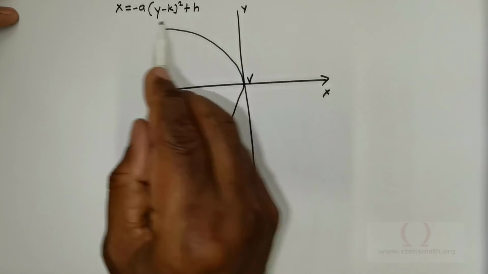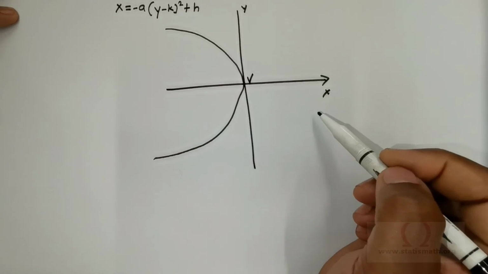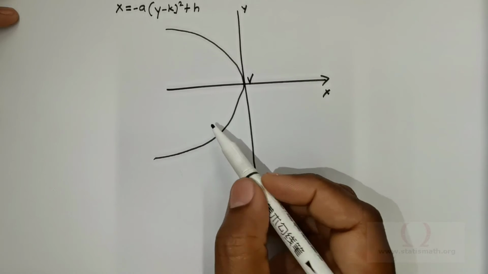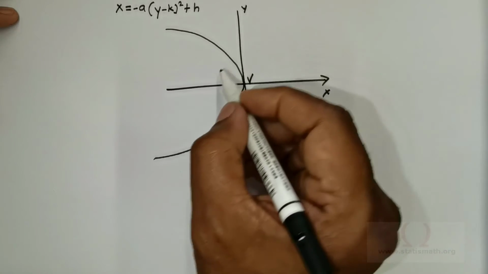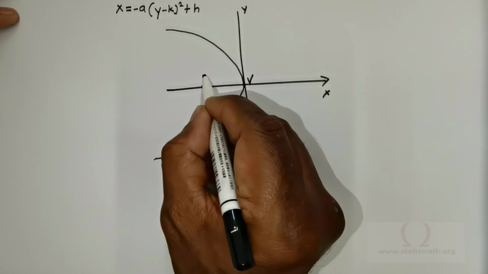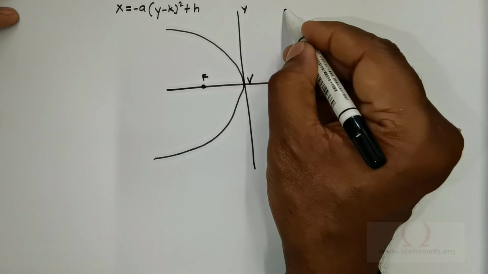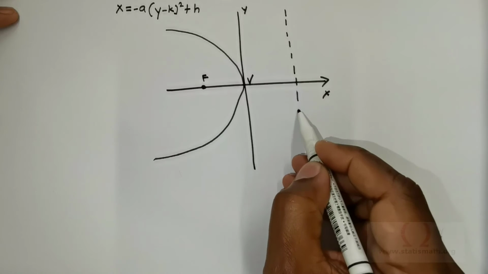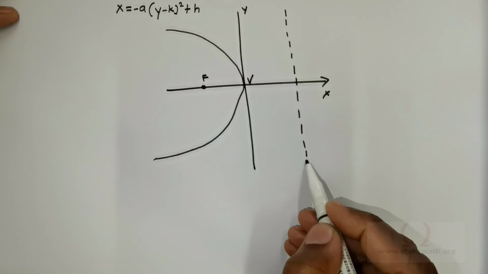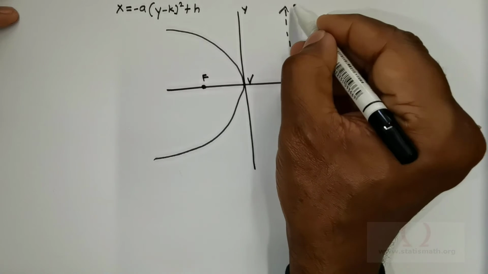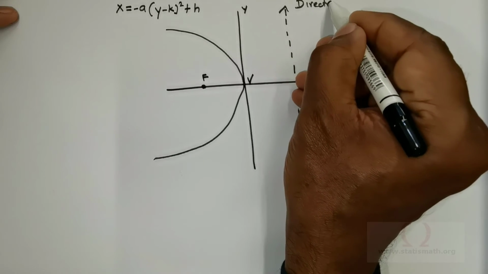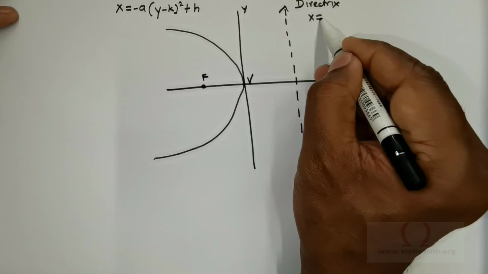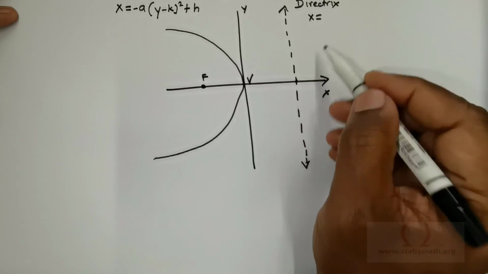In fact, with a being positive, it's going to be C-shaped, but a is negative, so it's C in the reverse fashion. And this would be the focus. This would be the directrix, and its equation would be x is equal to whatever value that it hits here.